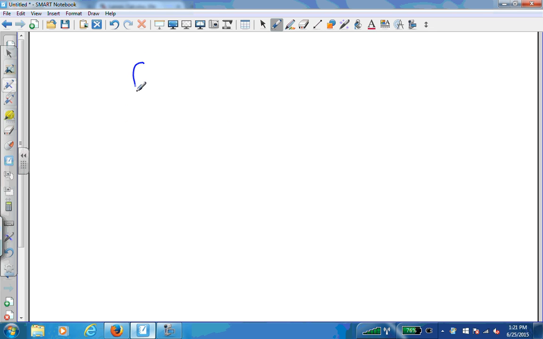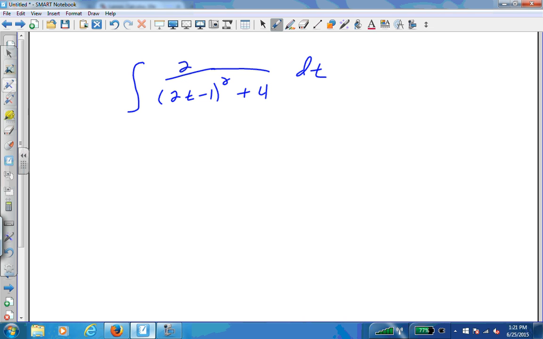If we look at the integral of 2 over (2t minus 1) squared plus 4 dt, if we let the whole denominator be u, that's not going to quite work out for us. But notice if we let what's in parentheses be u, then essentially we have a u squared plus an a squared on bottom.